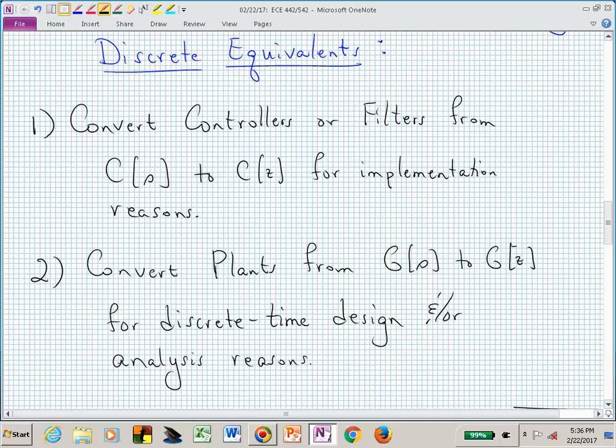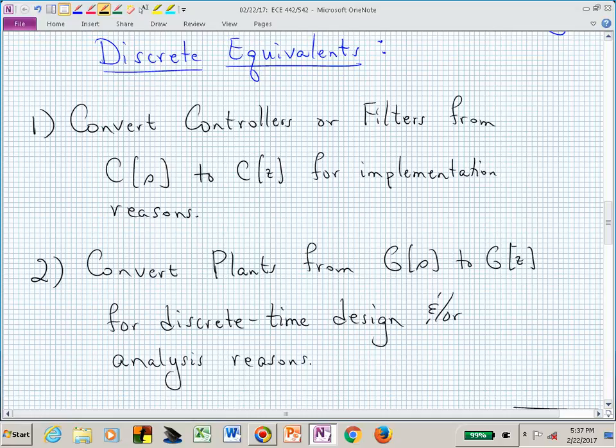How do you get either a filter or a controller into a Z-transform description? The other scenario is if you have a plant or a system and you want to find a discrete version of that, because you might want to analyze the system in a discrete setting, or you may want to design directly in the Z domain, and you need a transfer function G of Z in the discrete time case.